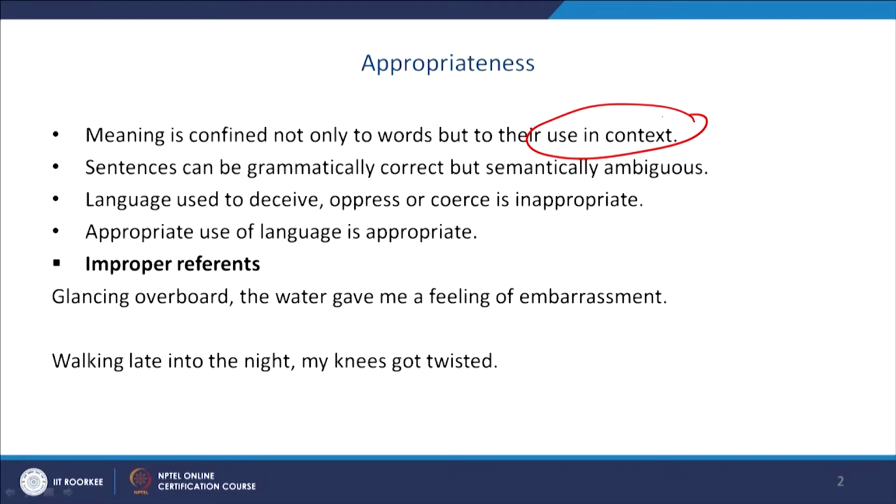Suppose you use a particular word or you use a particular sentence and you are not aware, or the person who is going to read that is not aware of the context, what he or she will do is they will actually infer the meaning based upon their own understanding, based upon their own familiarity with the word.